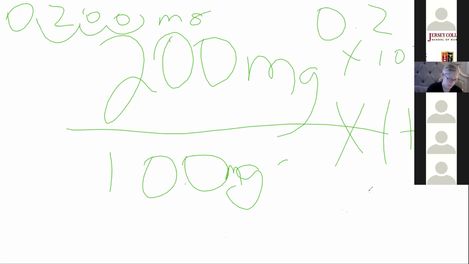So really these zeros cross out, and we have 2 divided by 1, which is 2. So we should be giving 2 tabs, right? Is that what you got? Yeah, I got that. Okay, it's just things to help you do it simpler when you're looking at it on the test, so you don't get yourself all flustered over the big numbers.